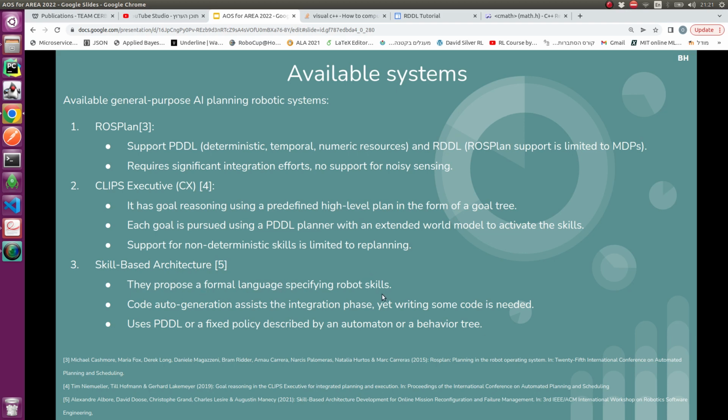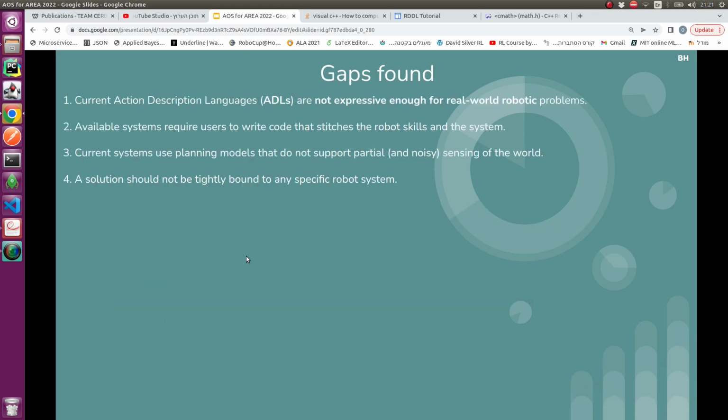So this is something more specific for robotics, and they auto-generate code that assists the integration phase, but the user still needs to write some code. And also they support PDDL, which, as said, is only for deterministic actions.